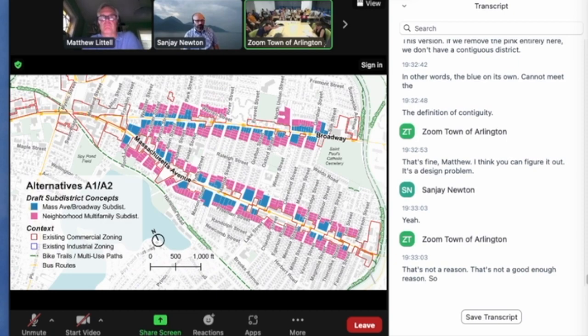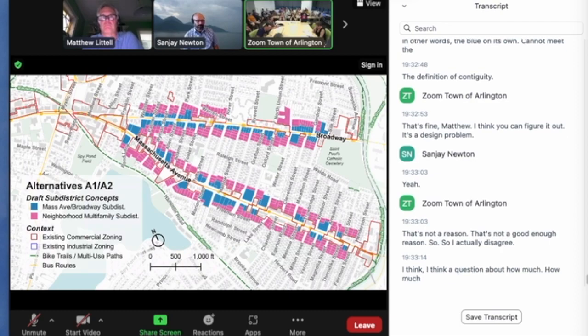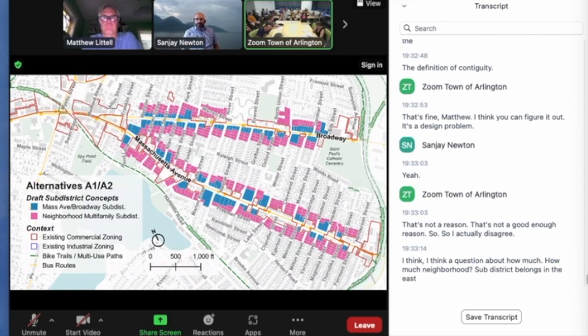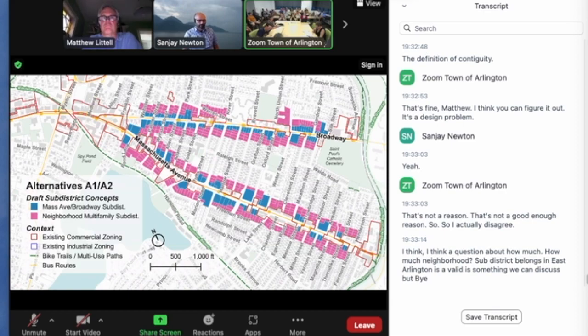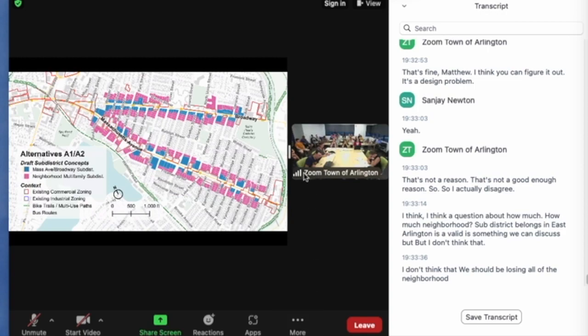So I actually disagree. I think a question about how much neighborhood subdistrict belongs in East Arlington is something we can discuss, but I don't think we should be losing all of the neighborhood subdistrict in East Arlington.